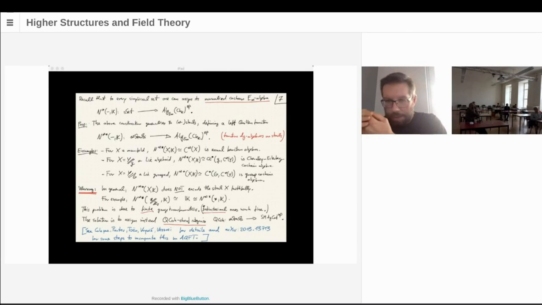And so far I just described the space or stack of field configurations. And observables, classically, so before quantization, should be certain functions on the space of field configurations. And we have to generalize this idea of taking functions from spaces to stacks. And this is what I want to do here very briefly.